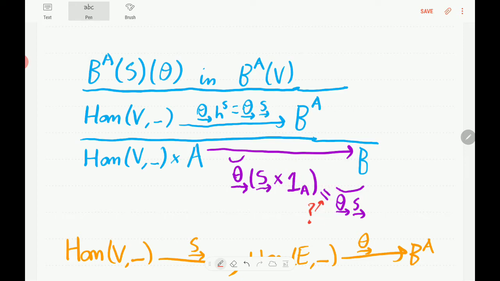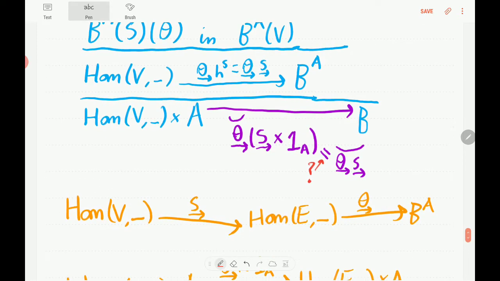So let's do that. Firstly, let's think about theta under arrow after s under arrow. You can see I've drawn it here. This composition is just an arrow from hom(V, blank) to b to the power of a. Now let's take this diagram and times everything by a.